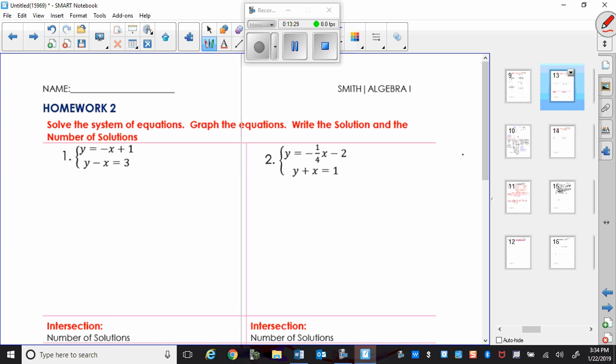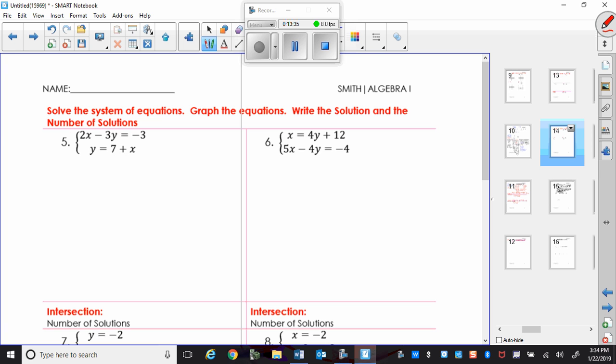But moving on, you do have homework 2. There's 2 parts to this. There's this first page, and then there's this second page. So you have 8 problems to do. Things I need you to make sure you do: write the intersection in here and write the number of solutions. And remember, if you're getting x equals a number and y equals a number, you have 1 solution.